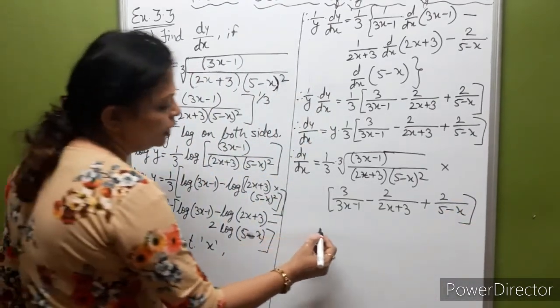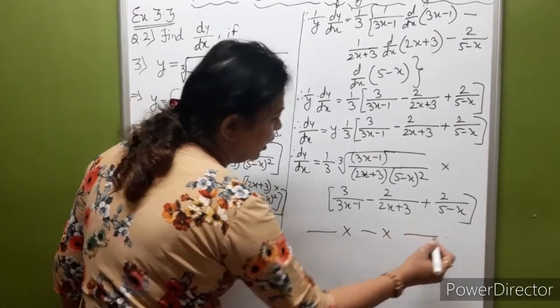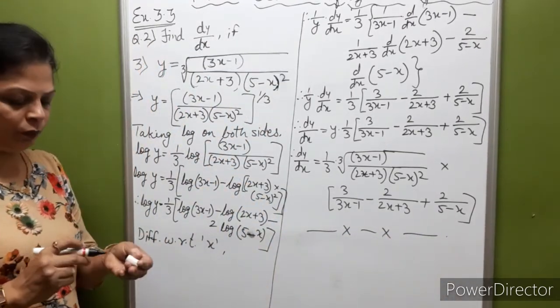Understood? This completes your third sum and that is the end of question number 2.